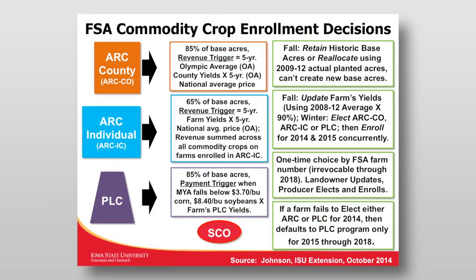If a farm fails to elect one of these three programs, then that farm is not eligible for potential 2014 payments. They could still enroll a farm, but could only enroll that farm annually beginning in 2015. And again, it's a contract that lasts through the 2018 crop.